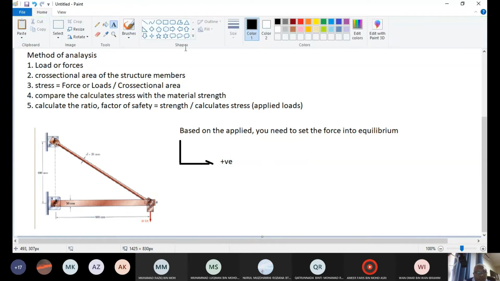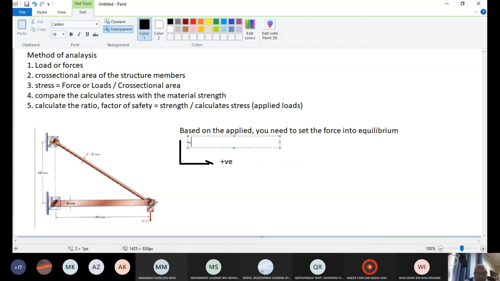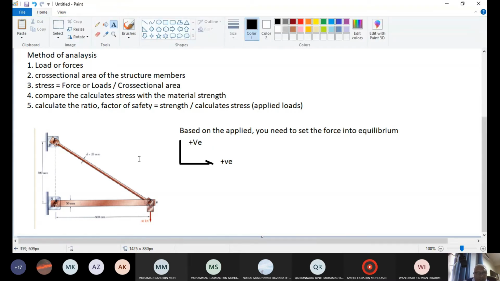Anything in the opposite direction will be negative.